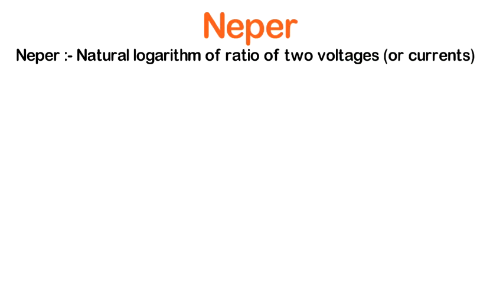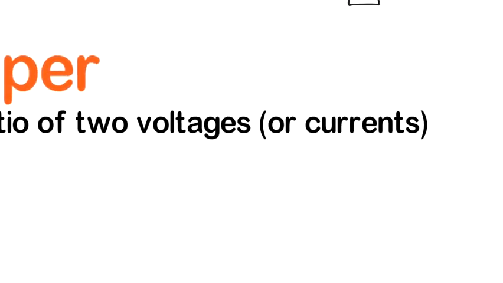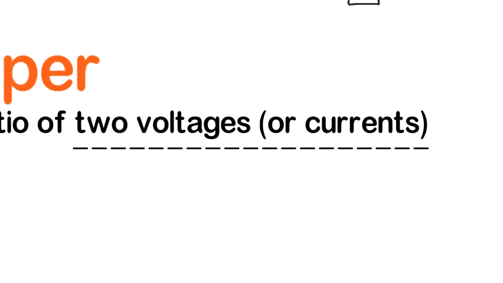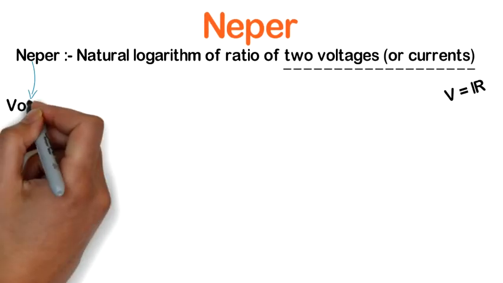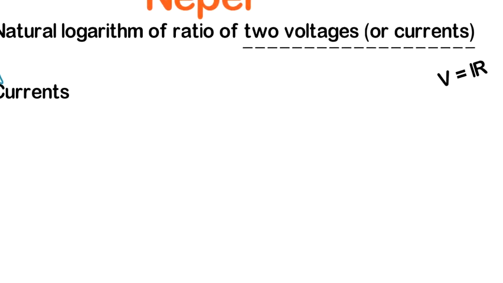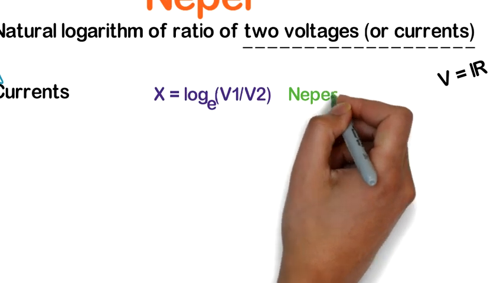That means in terms of dB we take the ratio of powers, and now in terms of Napier we calculate the ratio of voltages, or vice versa, that is current, by using the formula V is equal to IR. So either it is calculated in terms of voltages or in terms of current. Formula is x is equal to log to the base e of V1 by V2 and the unit is Napier.